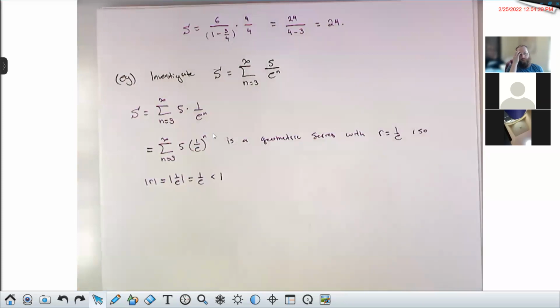How do I know 1 over e is smaller than 1? Anybody?